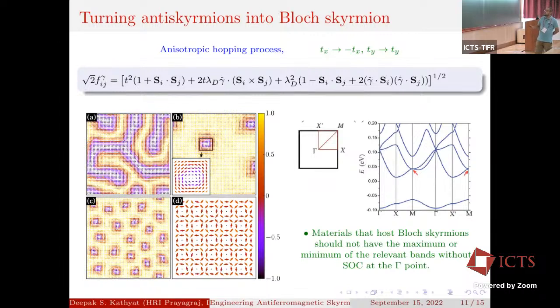And so we conclude that in materials for which the minima lie away from the gamma point, block skyrmions should be present. And this is indeed observed in various materials in experiments also.